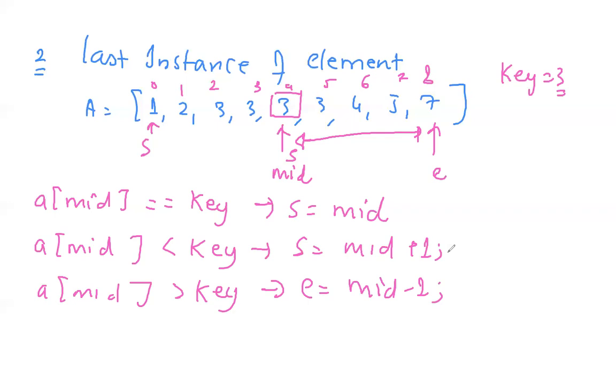There is a small trick where this particular code breaks, so let's write the code, do the dry run, identify where it breaks, and then fix it. Of course we will stop when there is only one element, and at the end we check if that is equal to the key, we return the index, and if not, we return -1. Did you get the algorithm piece, how it now moves to the right? Earlier it was moving to the left because we were setting e equals mid. Now we are moving to the right because we are setting s equals mid. Following me? Any doubt before I move on and write the code?